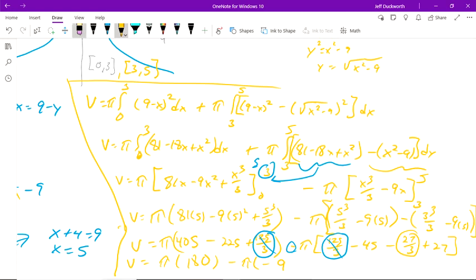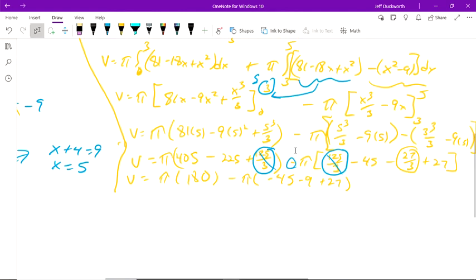No, that is not 9. So let's do this. We have negative 45 minus 9 plus 27. So that's negative 54, and 27 gives us negative 27.